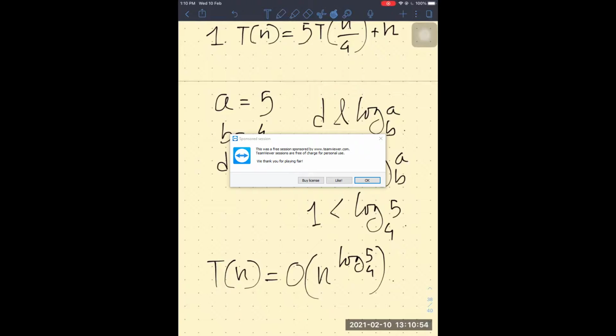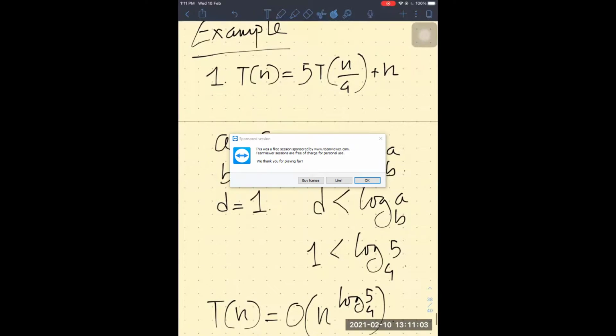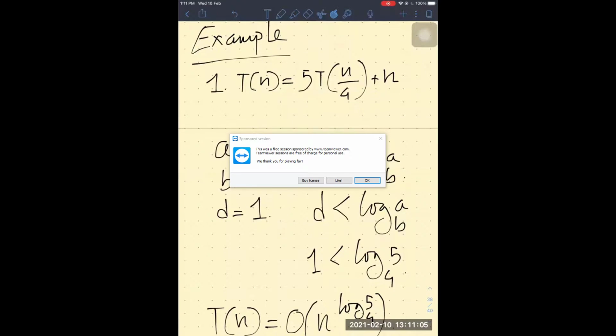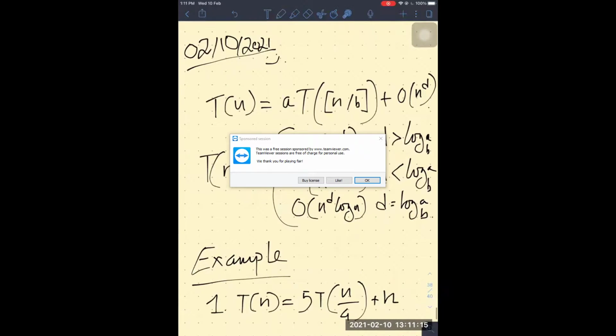On the first part, where it says d less than log base b a, what does that say? Yeah, like this d part? Yeah, we have to find the relationship between d and log a base b, because in Master's theorem you can see that the runtime directly depends on the relationship of d and log of a base b.